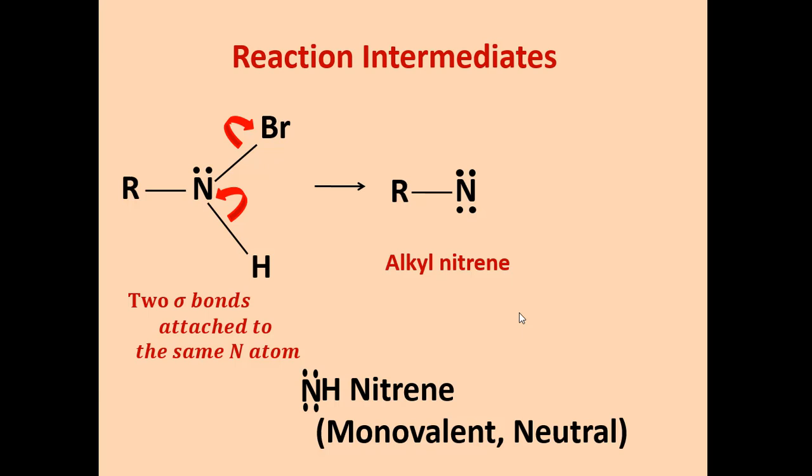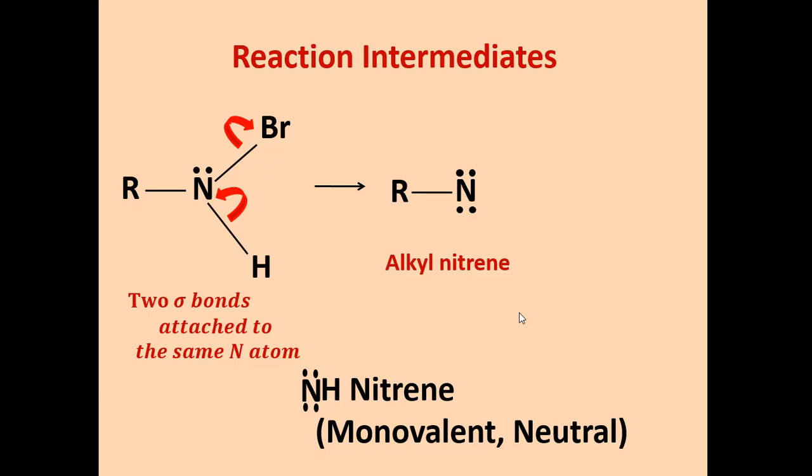Here you find that nitrogen is surrounded by only one covalent bond, so the valency is 1, and so it is monovalent, and it is neutral. You find two lone pairs over the nitrogen atom. Instead of R, if you have hydrogen, you will have NH with two lone pairs over the nitrogen atom, and this is what is known as nitrene, which is monovalent and neutral.